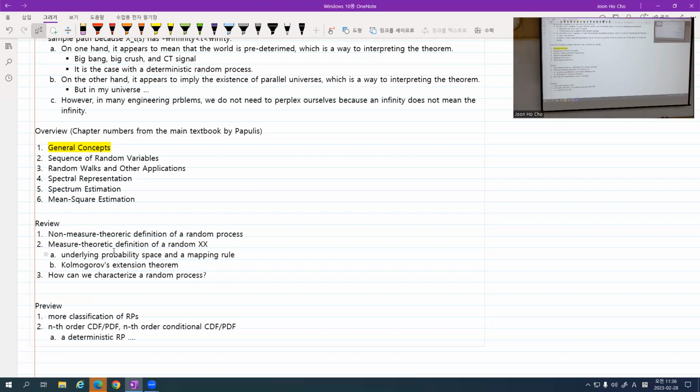And Kolmogorov's extension or existence theorem is very important, especially when we talk about sequences of random variables and the different modes of convergence: almost sure convergence, convergence in distribution, in probability, in the second mean.